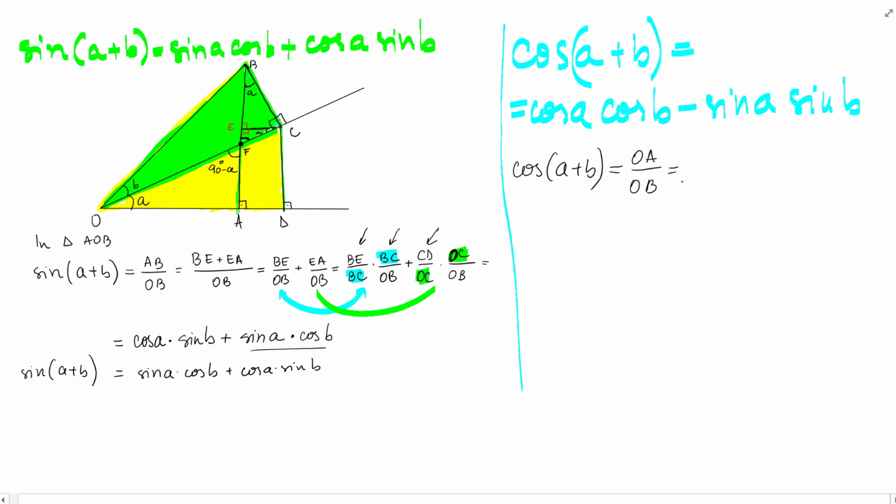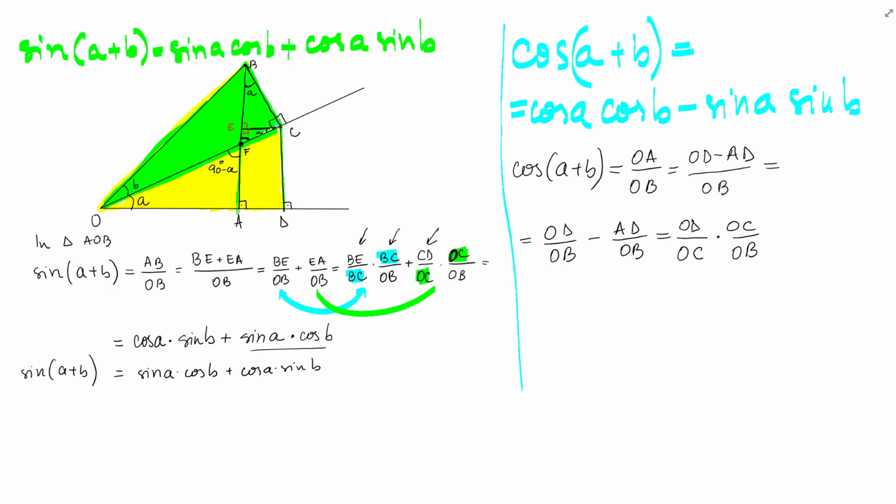Using the same procedure as before, instead of OA we put OD minus AD over OB. Now we separate into two and we kind of get the idea of the minus, right? We expected to see a minus. Now instead of OD over OB, we are going to put OD over OC times OC over OB.